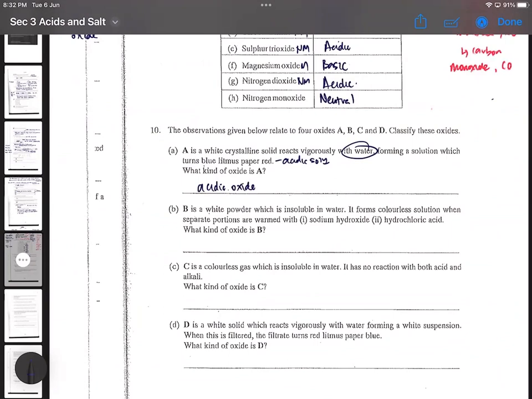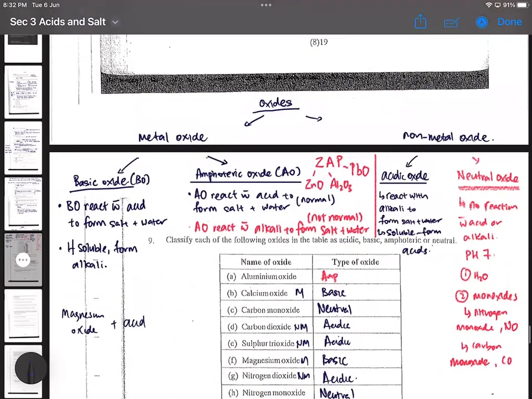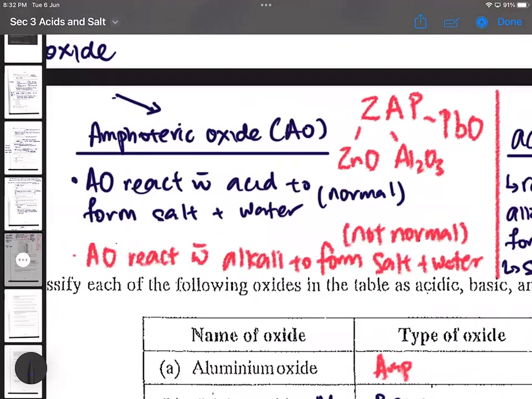Part B says it forms a colorless solution when warmed with acid and alkali. That means this item can react with both alkali and acids, and there's only one category which will do this, which is our amphoteric oxides.